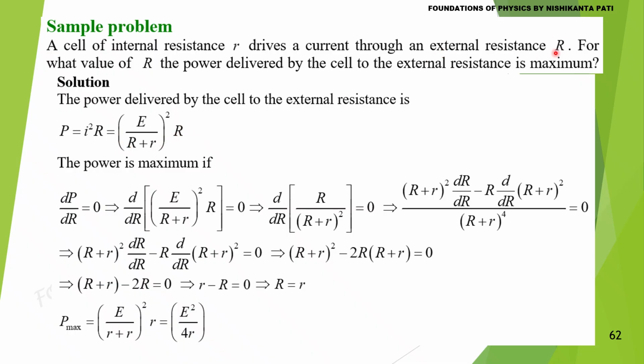Here the capital R is unknown. We will determine it with the condition that power will be maximum. Power will be maximum if dP by dR, the derivative of P with respect to capital R, is 0. So this leads to R equal to r. That means if the external resistance is equal to the internal resistance, then the battery delivers maximum power to the external resistance.